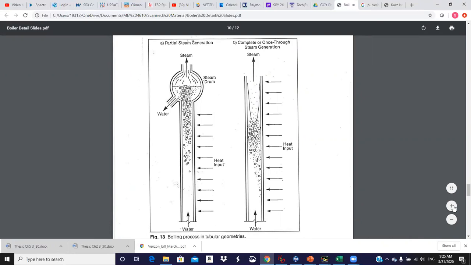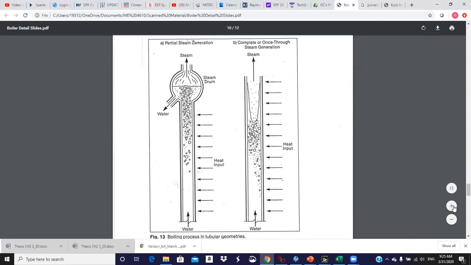On the left, under partial steam generation, that's obviously a drum boiler. And so you see, you have just almost a cartoon style, but you can see the heat input would be on the furnace side, and you've got the water coming out on the left-hand side of the drum going down. That's the downcomer. It goes to the header at the bottom, and then the header feeds probably slightly subcooled, maybe saturated.